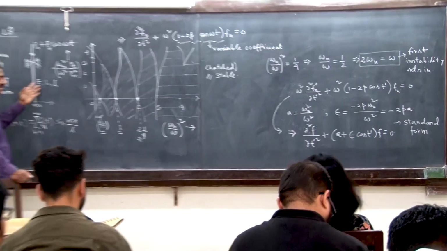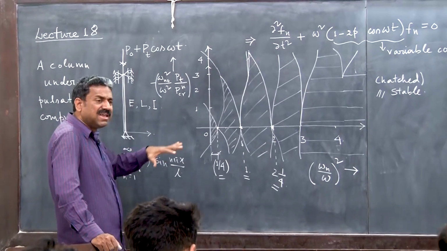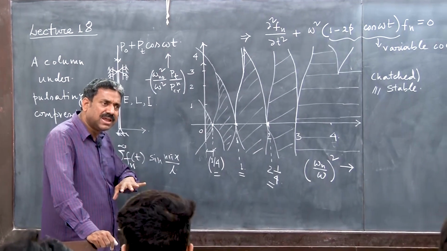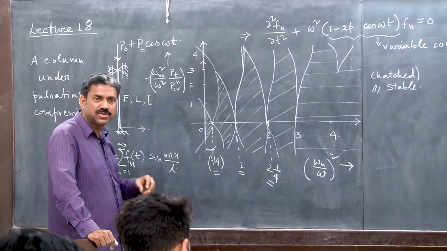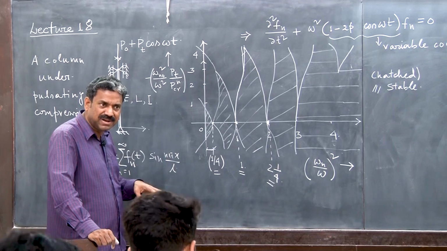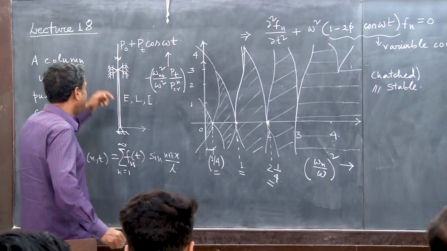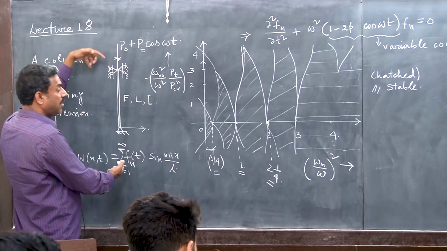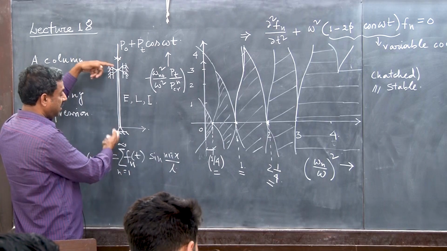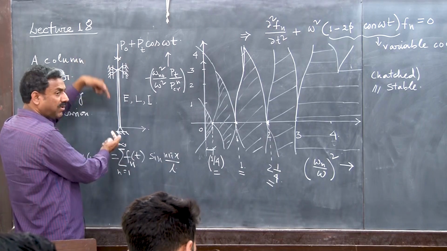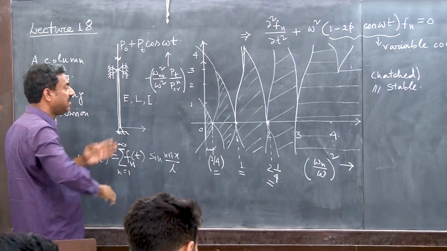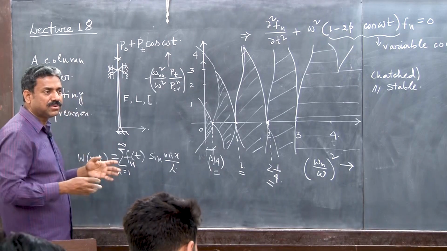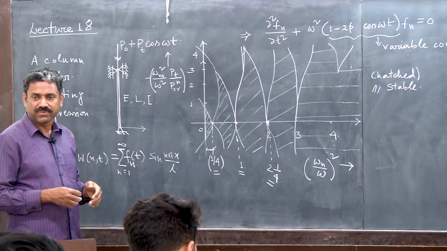And what is that kind of instability? Instability means the amplitude will increase unbounded. The amplitude of the vibration will be unbounded. That's the instability here, dynamic instability means. Meaning when you are compressing the column with axial forces, then the lateral vibration will be way too high, very vigorous.